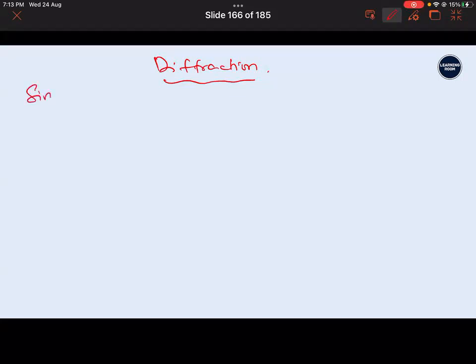So diffraction is basically a single slit interference. So what is it? It's a single slit interference.